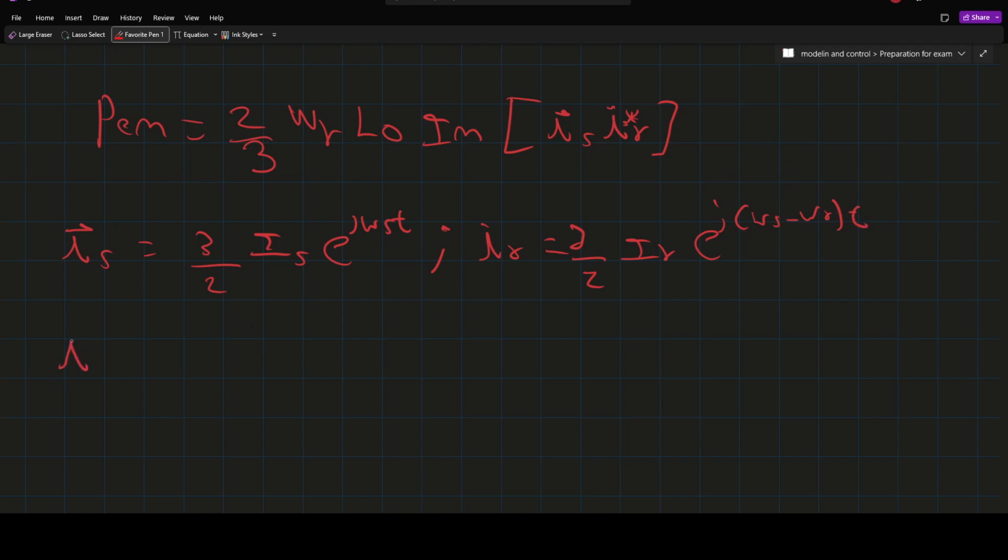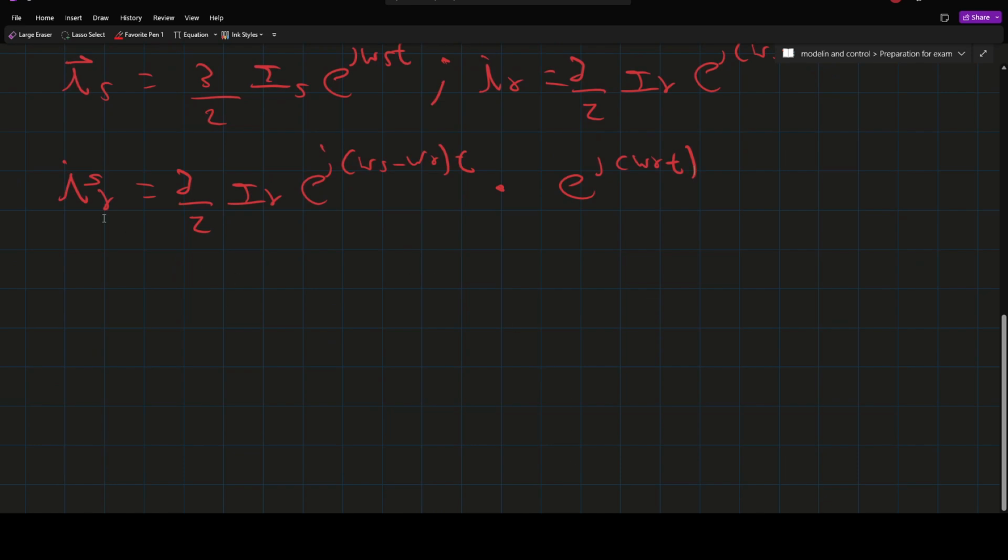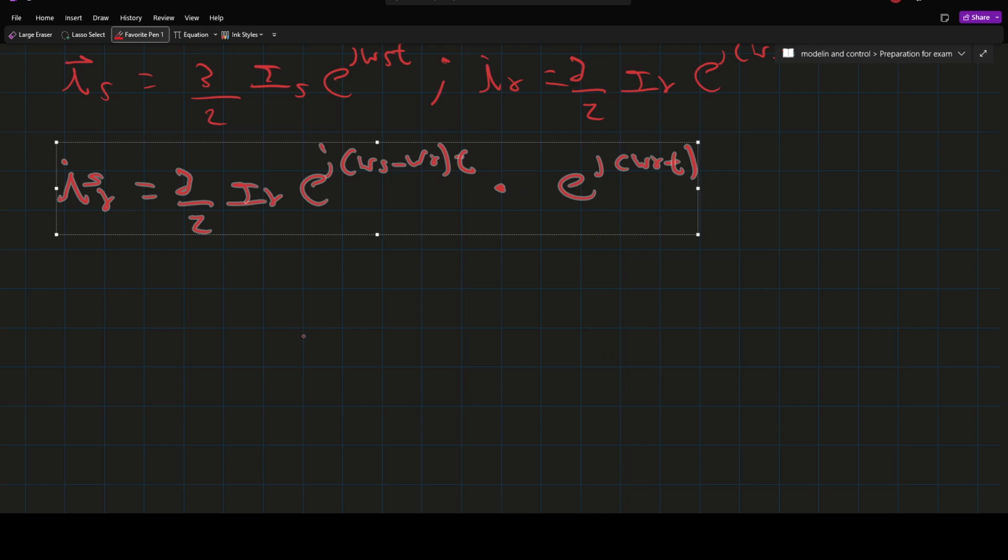And now if we want isr, we need to multiply this times e to the j omega rt. We saw this also in the last video, to move from one reference frame to another.